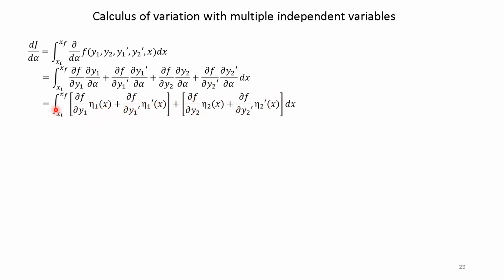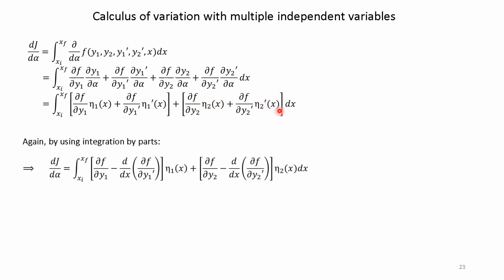So then if I want to look at this integral, I can just treat it as two integrals. The first integral for this one, the second integral for this one. If you just look at these two terms, you can apply the integration by parts technique that I showed you last time. If you look at the second group of terms, you can also use integration by parts.